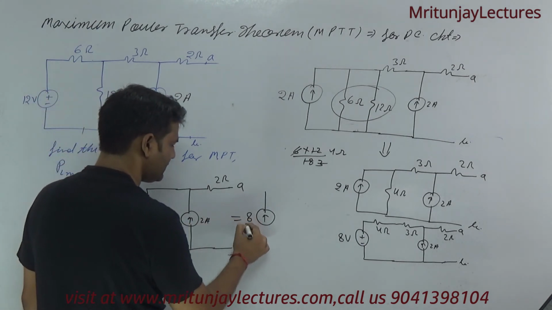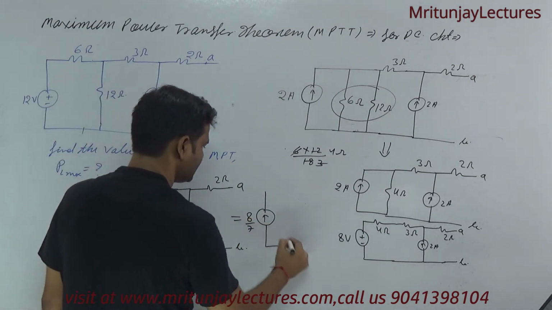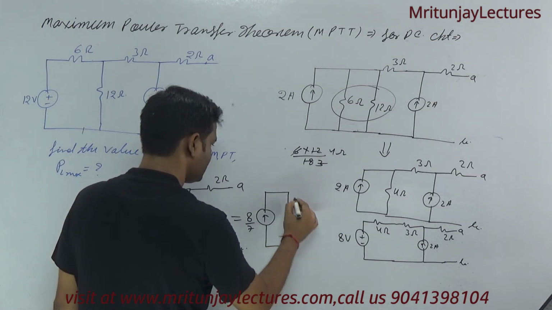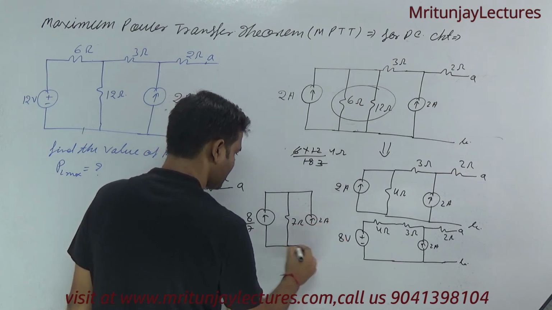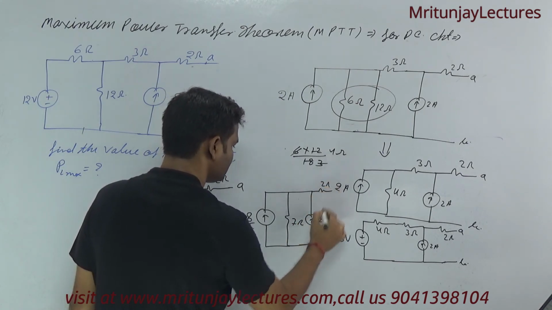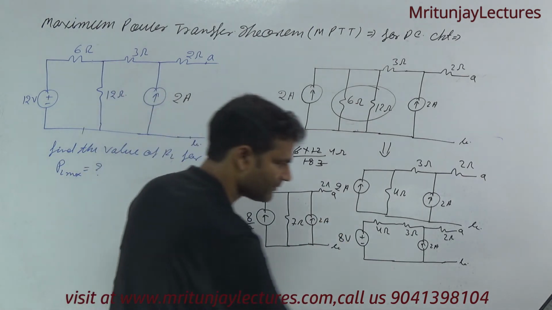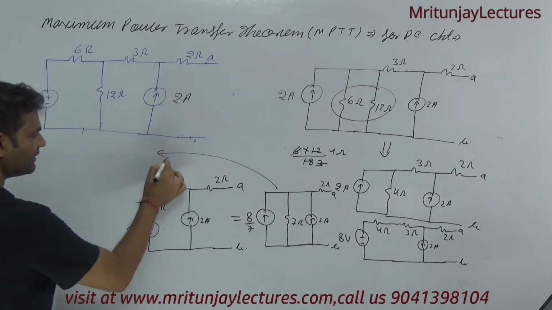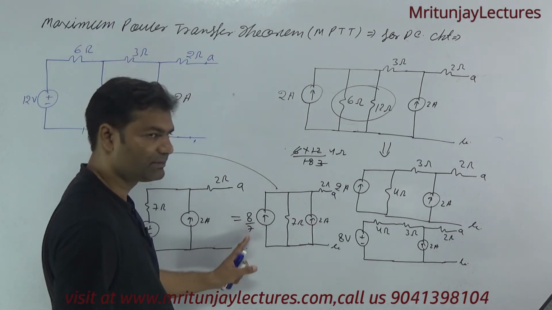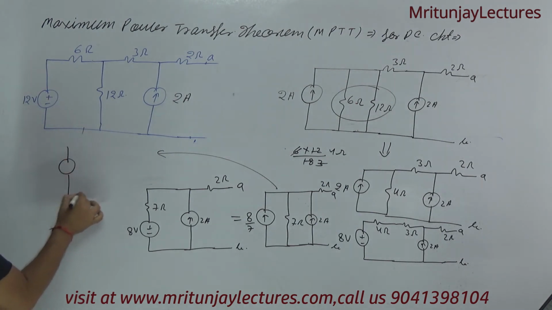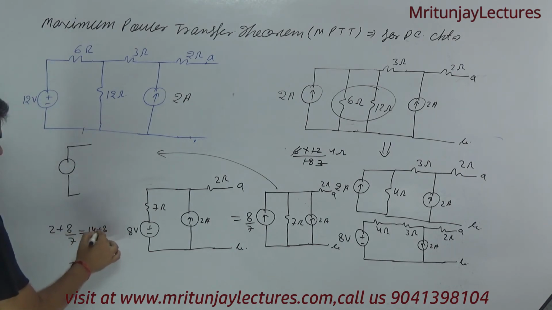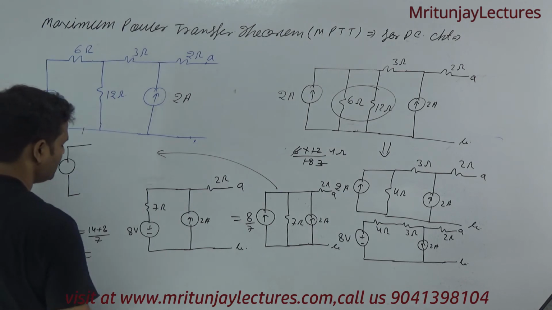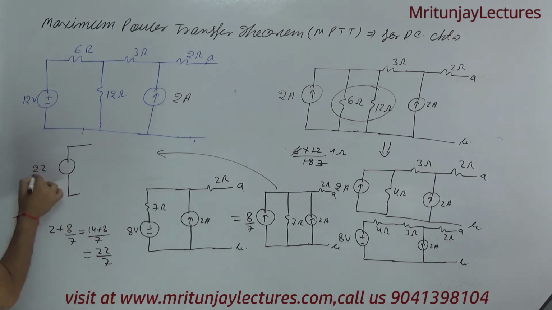Direction of current 8 by 7 upward, and this is 7 ohm, and that is 2 ampere, and that is 2 ohm, that is A and that is B. After that, in this circuit, current 2 plus 8 by 7, both in the same direction, that's why 14 plus 8 by 7, we got 22 by 7 ampere.